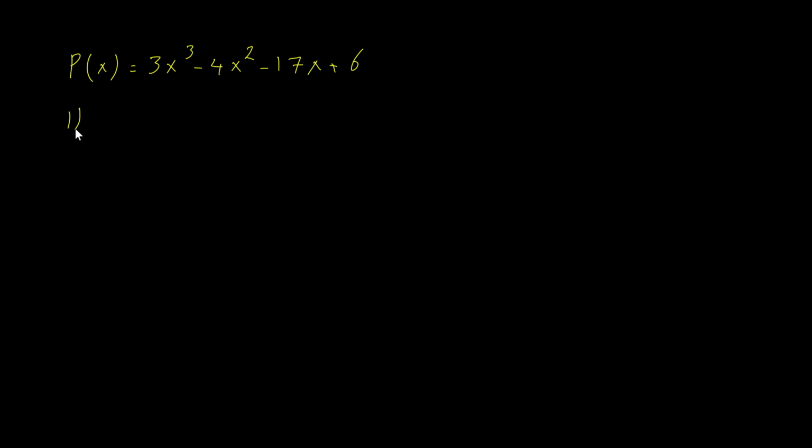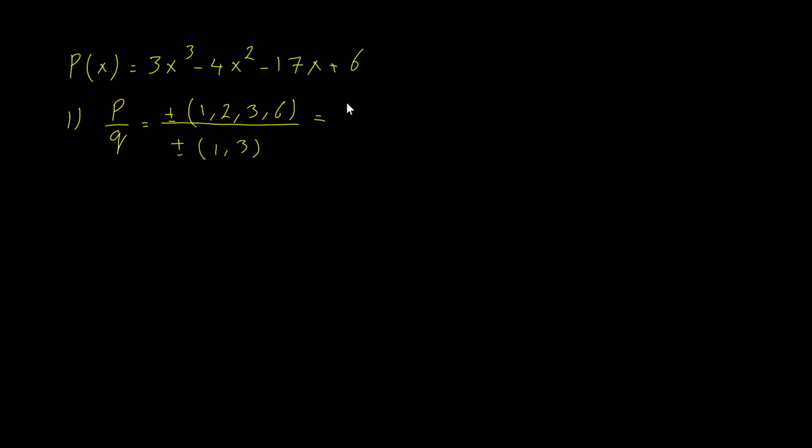The first step of finding the actual roots is finding the possible roots. The possible roots, as we said, is equal to p over q, where p are the factors of 6: 1, 2, 3, and 6. And for the leading coefficient, we have 1 and 3.